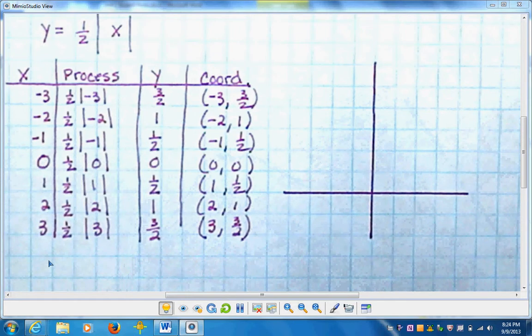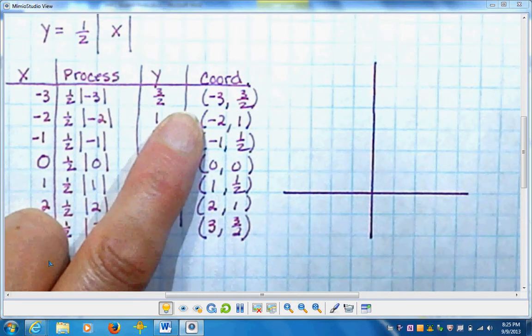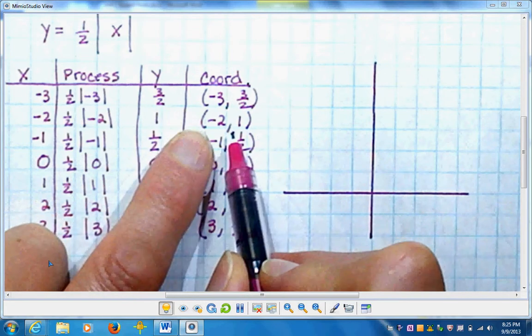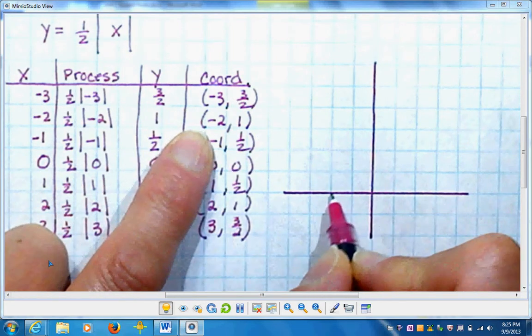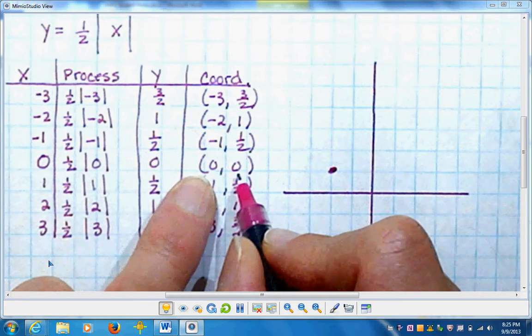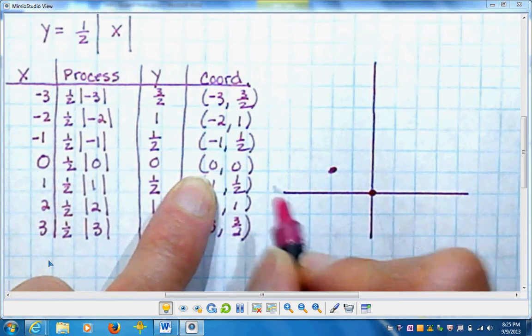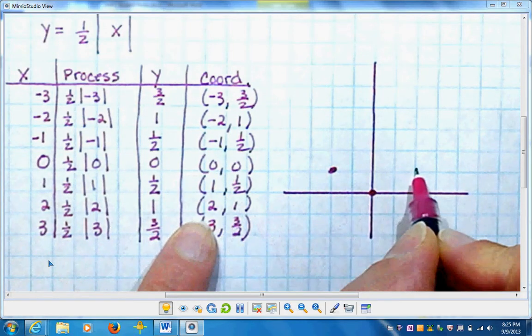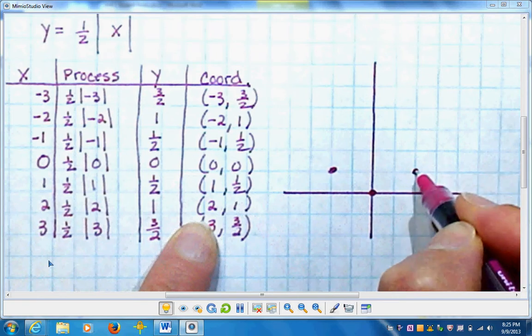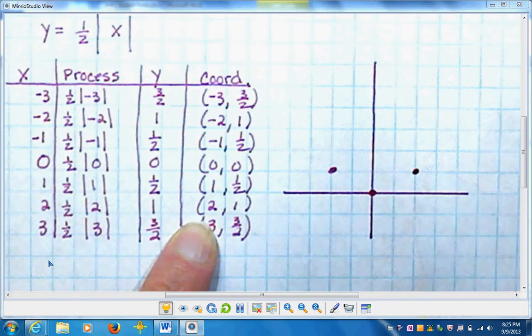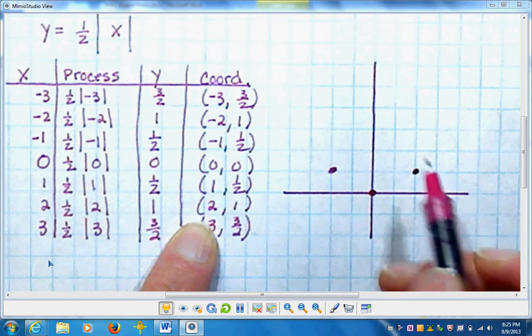Okay, so let's go ahead and plot these points. So let's plot our integers. So I go -2, 1, 0, 0, 2, 1. Okay, so we can see that gives us a nice spread.